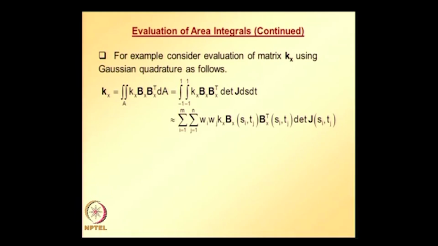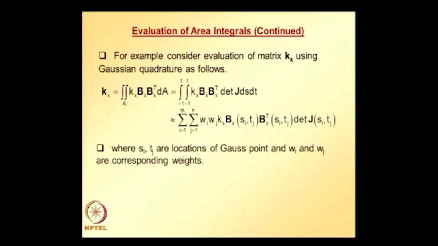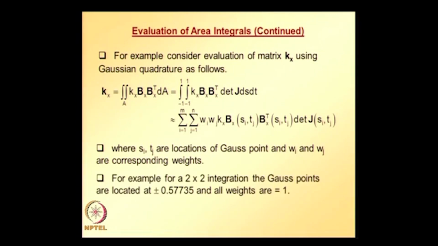So, if you see this formula, si, tj are locations of Gauss point, wi, wj are corresponding weights. For example, for 2 by 2 integration, Gauss points are located at plus or minus 0.57735 in both s and t.